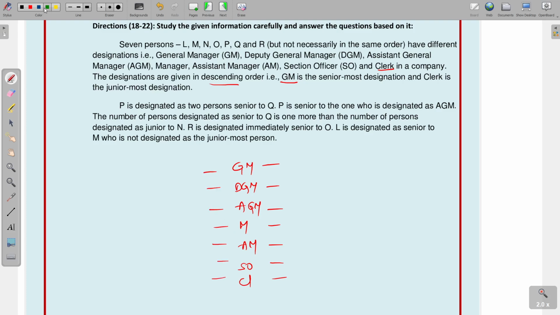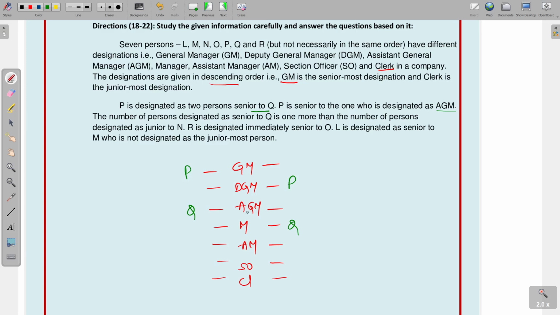Two possibilities. Starting from P. P is designated 2 persons senior to Q. P is senior to the one who is AGM. So P is placed here and Q comes here, and in the next possibility P is placed here and Q comes here. Why?